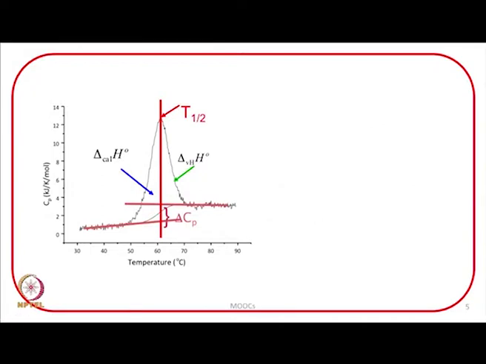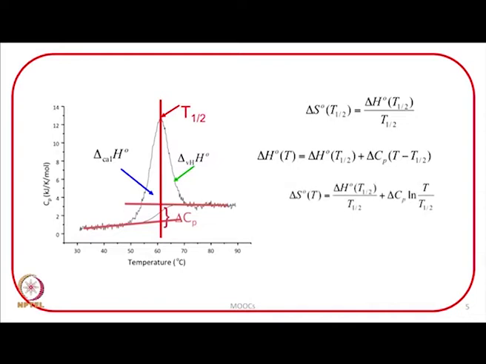And then we discussed how to get delta S naught and how to get delta H naught at any temperature, and eventually we came up with this expression for delta G naught at any temperature in terms of delta H naught and delta Cp.